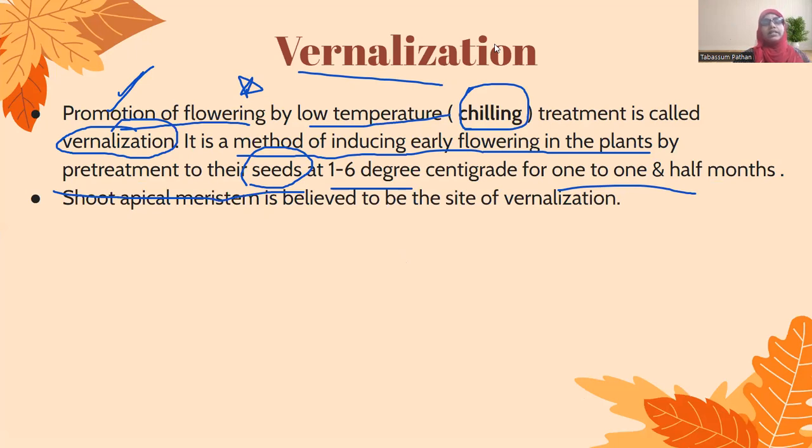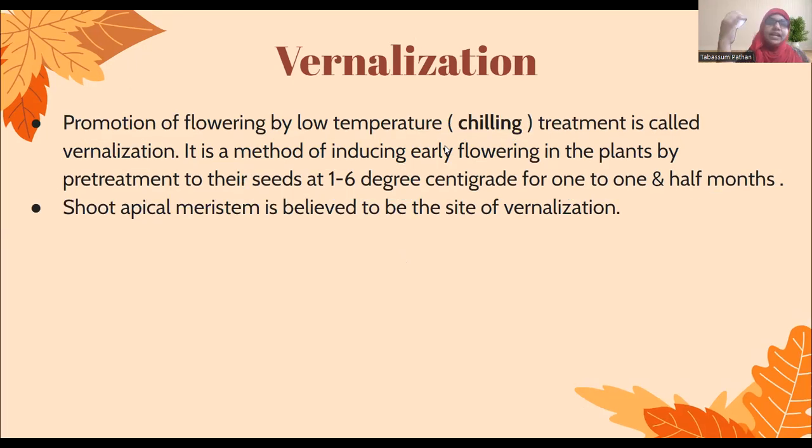So, understanding the reason behind this behavior of the plant, it is believed that the shoot apex meristem is the place which is responsible for this early flowering after giving chilling treatments.